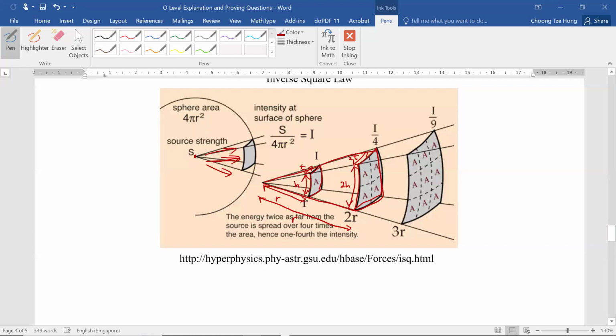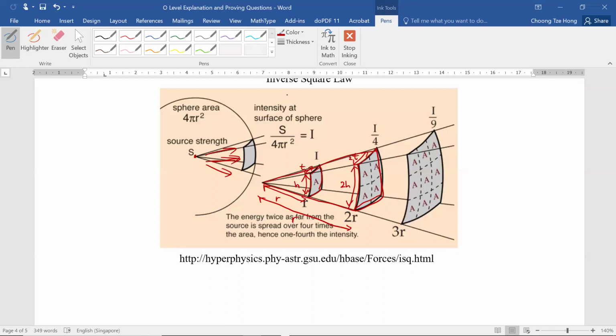So the area becomes 4 times as big. The same radiation from the source is spread over an area 4 times as big, so the intensity is going to be 4 times smaller. That's why when you double the distance, the intensity becomes a quarter.